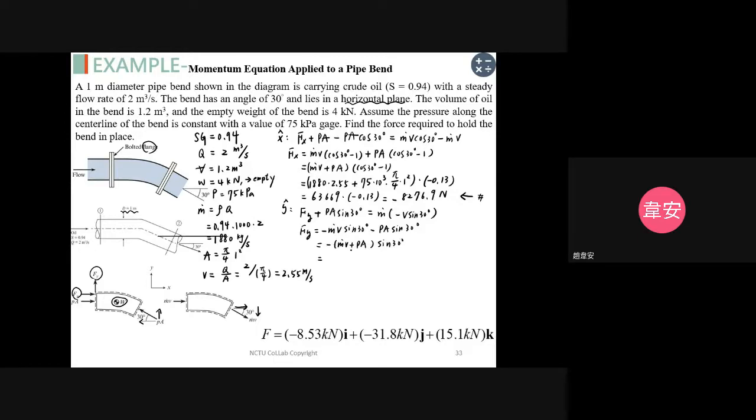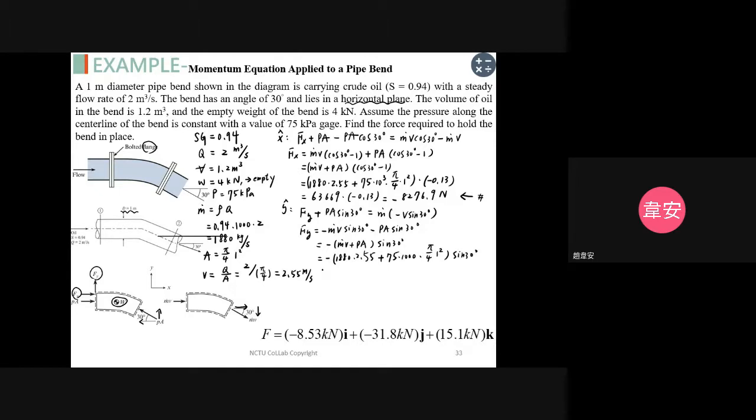And then it's equal to minus, where I put in the numbers: 1880, and the velocity is 2.55, plus the pressure 775 multiplied by 1000, and the area pi over 4 times 1 squared, and multiply by sine 30.